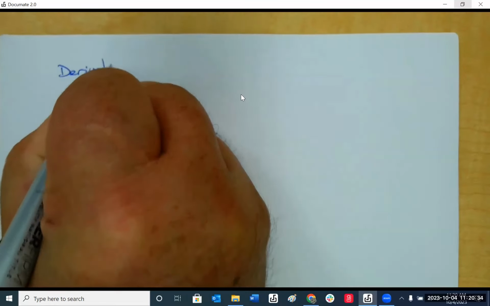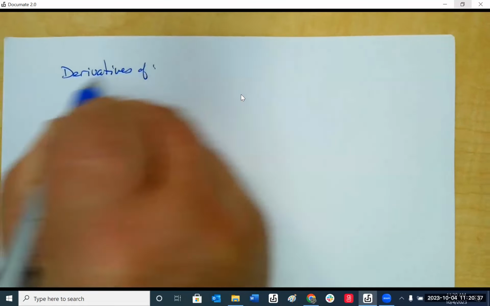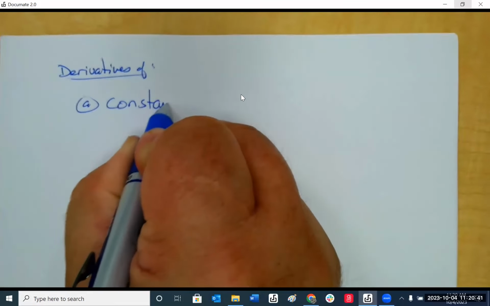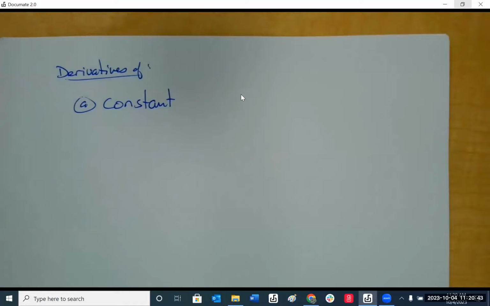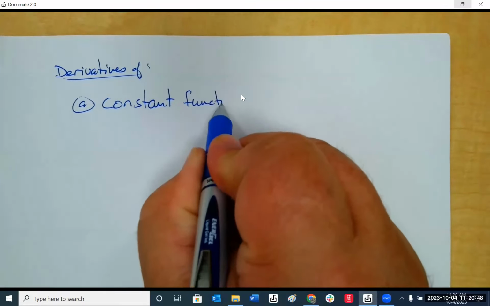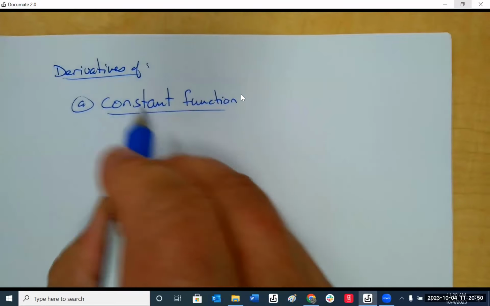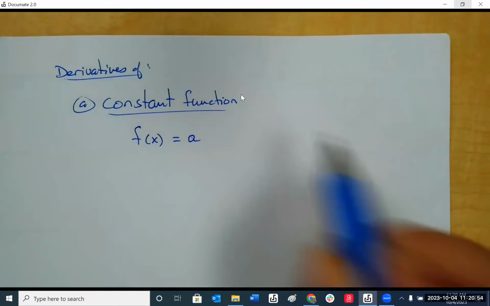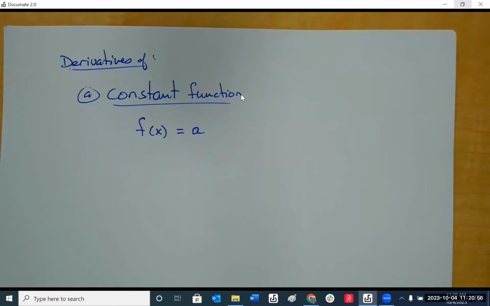So let's look at the derivative of. First one, we're going to deal with the constant function. We don't really need calculus to show us this one.